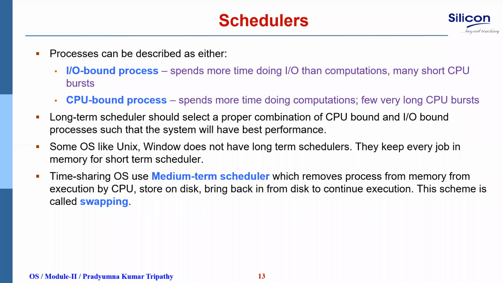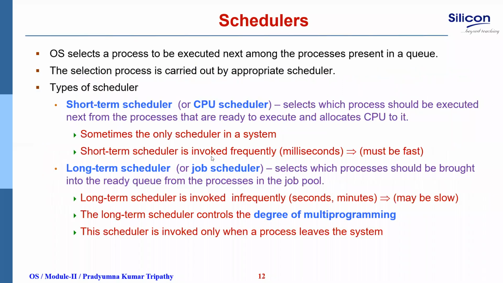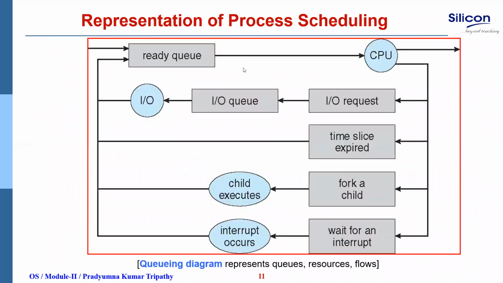Right? So once the process is selected by the short-term scheduler, from this short-term scheduler we will select it and give it to the CPU. To connect to the CPU, a module is used over here. Try to understand. There is a short-term scheduler which selects one of the processes from the ready queue and gives it to the CPU for execution.